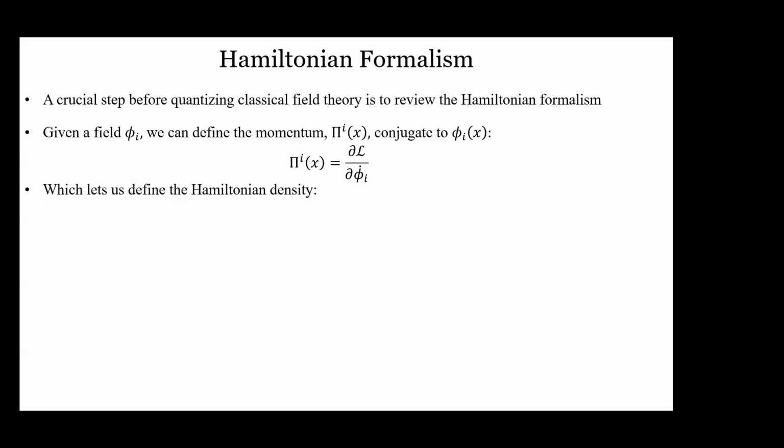All right, so this leads to the Hamiltonian density. Again, we're discussing densities. The script H is the Hamiltonian density, and it is defined as follows: you have Pi_i of x times phi dot_i of x, minus the Lagrangian. This quantity here is the Hamiltonian density. Can anyone guess what the Hamiltonian is then? The integral, right?